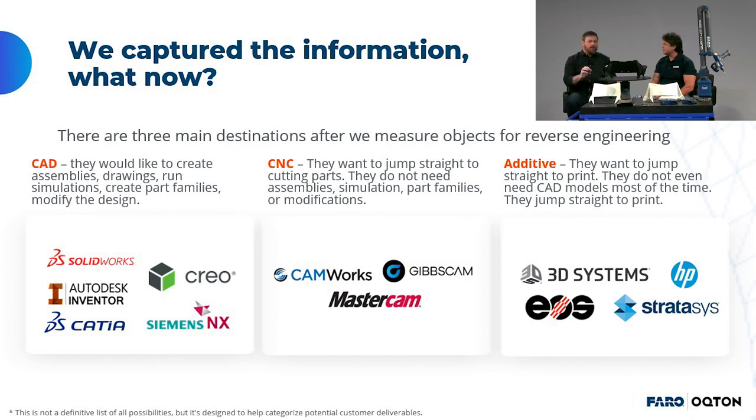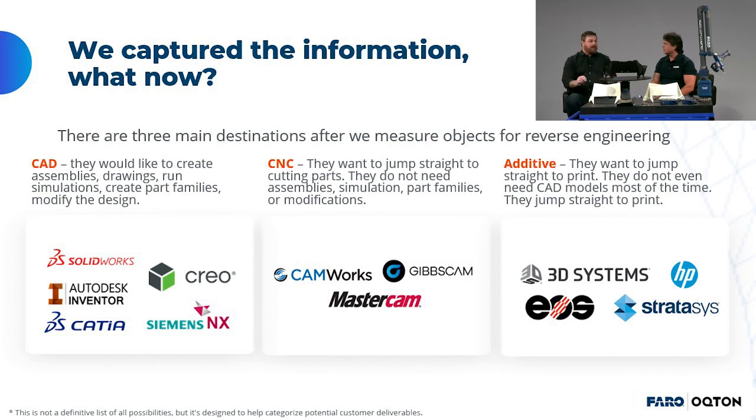Now, there are slight variations of these, but really I'm just pointing out, when you look at a reverse engineering project, what am I trying to achieve with it? And these are 3 categories. So many people want to reverse engineer something to get the data into CAD or into CNC software or into additive, as we're talking about today.